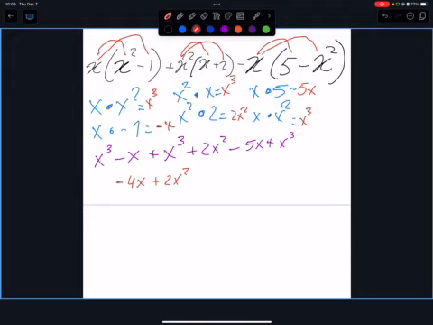X plus x plus. Oh well, x to the power of 3 plus x to the power of 3 plus x to the power of 3.